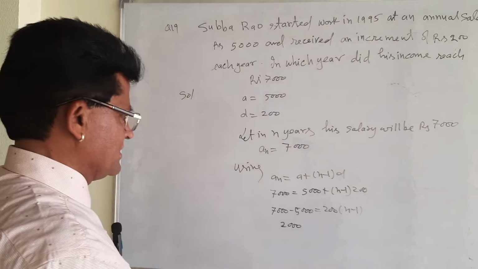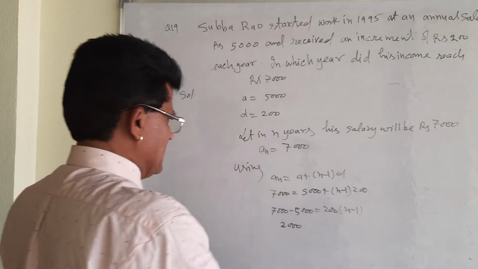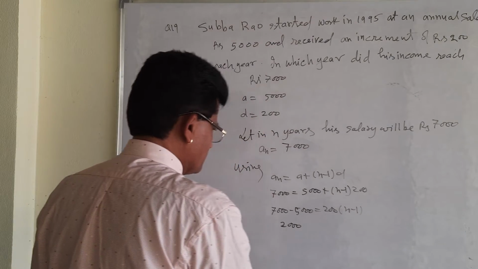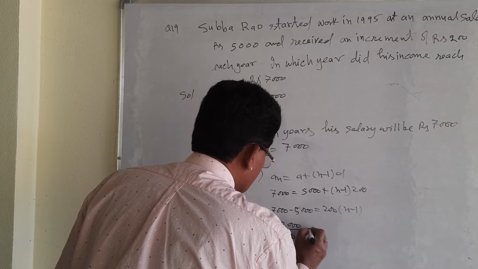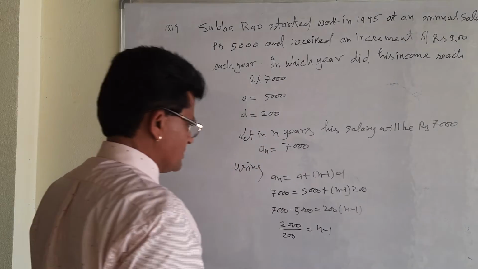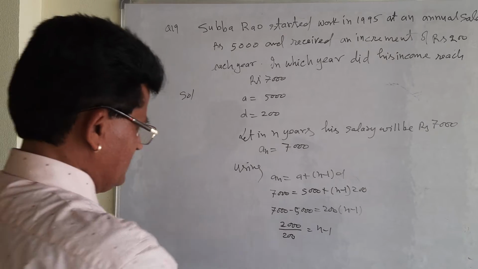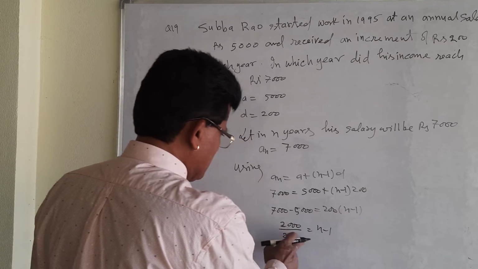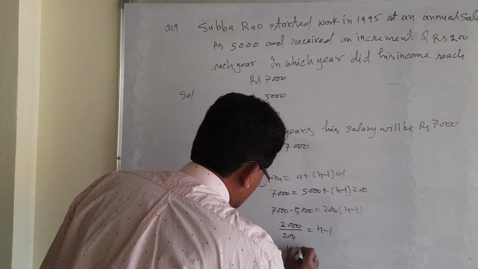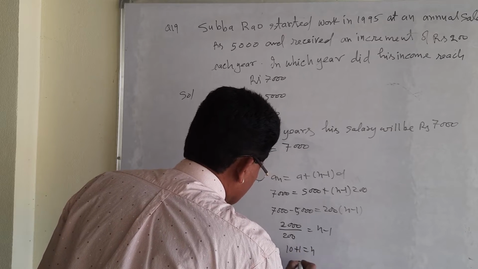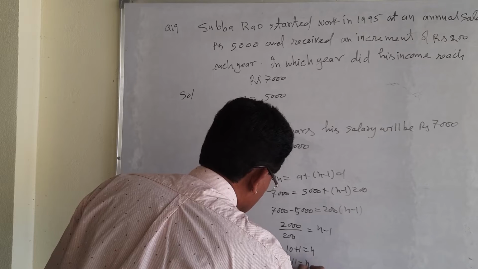It will be 2,000. Let me divide it by 200. It will be n minus 1. See, it will be cancelled how many times? 10 times. 1 you take from right side to left side. It will be n. Total will be 11.